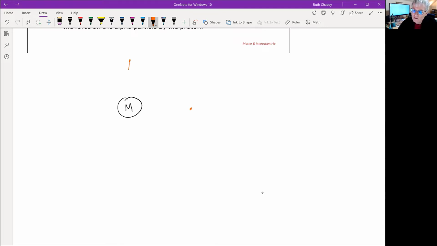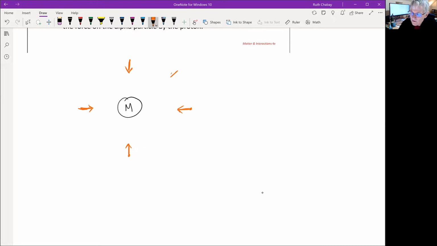So we envision this field as being some sort of vector quantity that has a magnitude and a direction. And the direction for a gravitational field is the direction that another massive object would experience a force and begin to move.